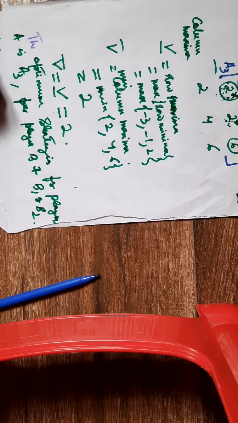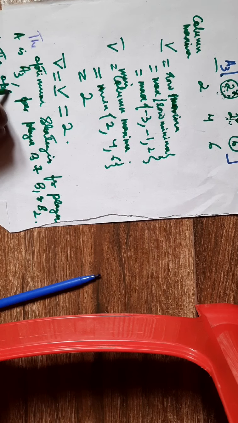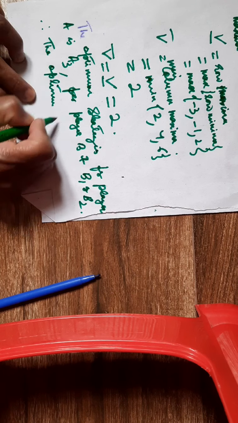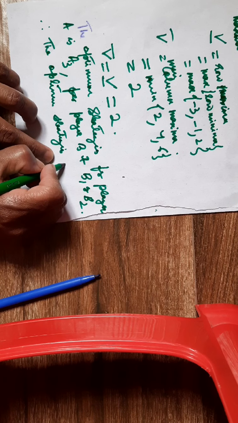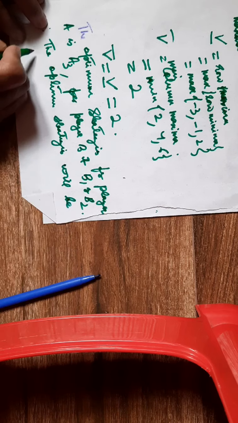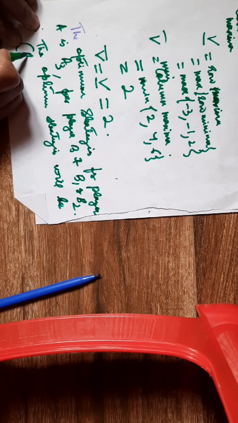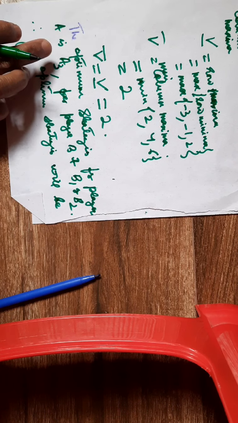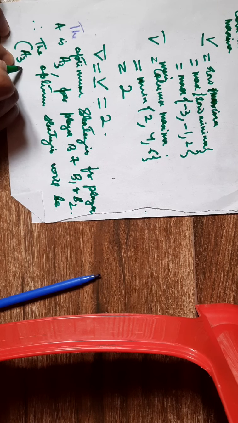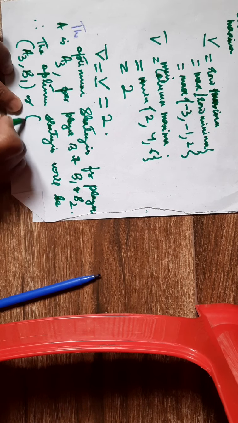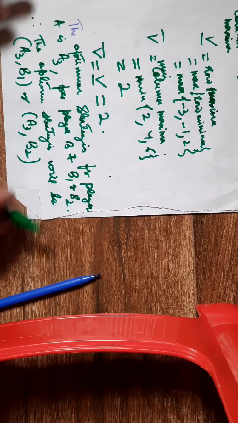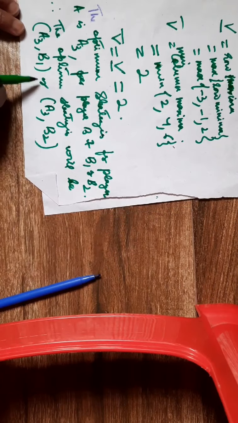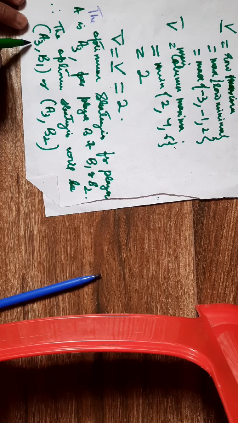So the optimum strategies can be A3 with B1 or A3 with B2. This will be the optimum strategies that will be played by these two players in order to get a maximum benefit or maximum profit.